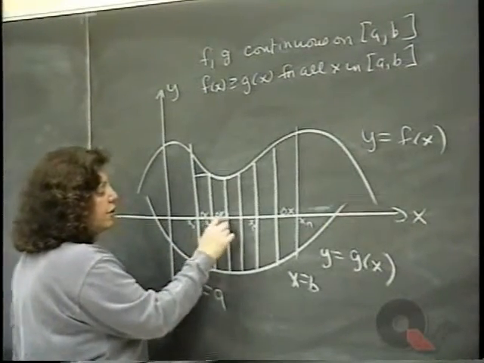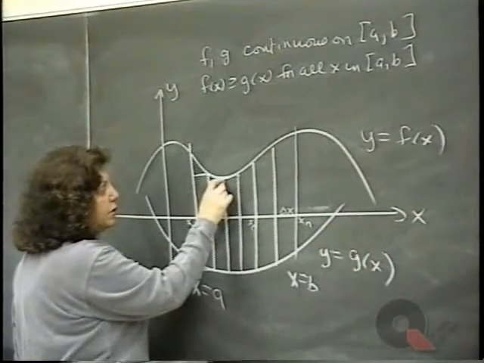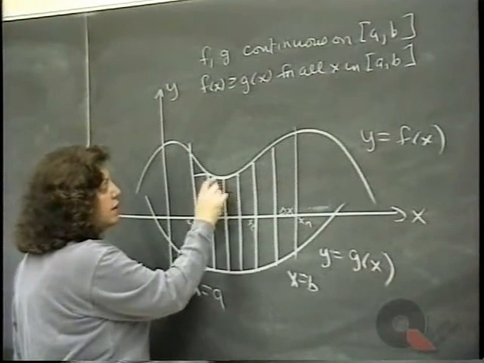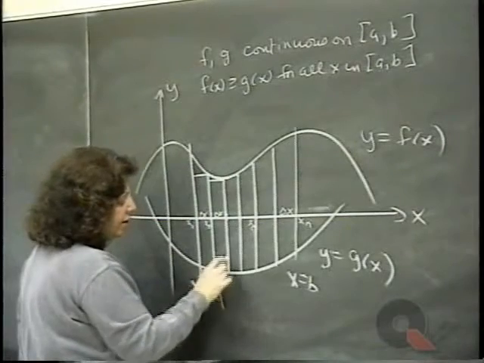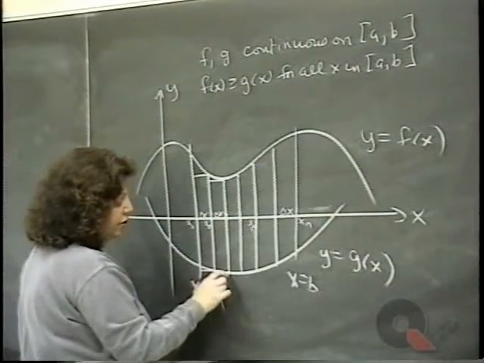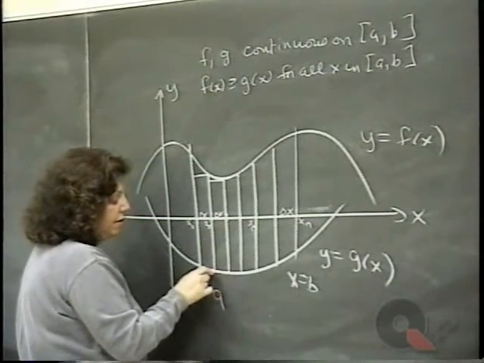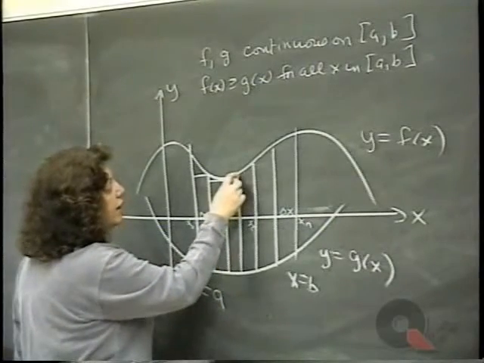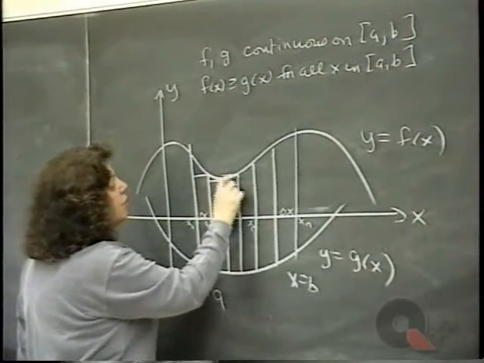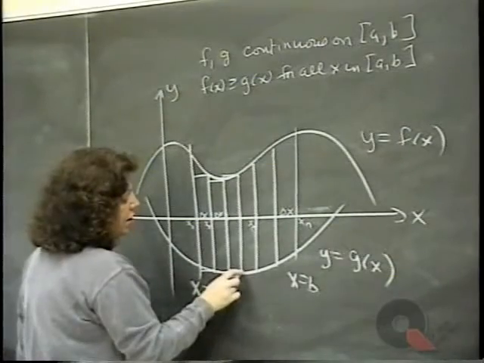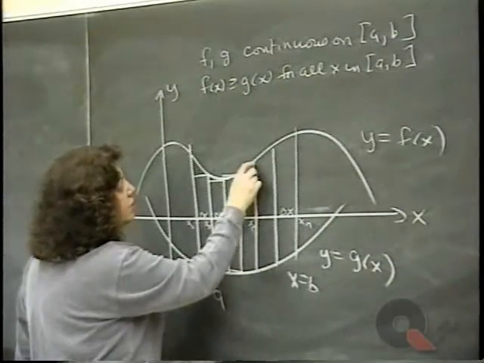In the second subinterval, going to the right endpoint, going up till you hit the f curve, and using that height for the top of the rectangle, and going down until you hit the g curve, and using that to level off the bottom of the rectangle, and so on. So we could produce n of these rectangles in that manner.